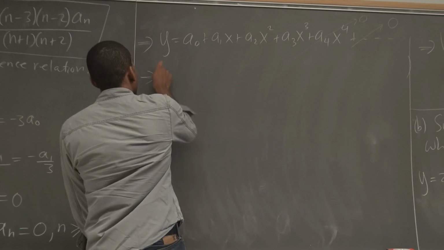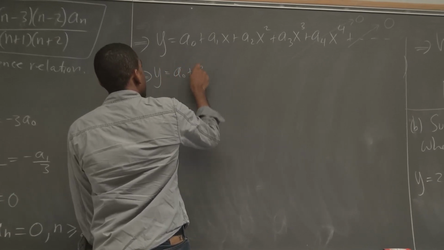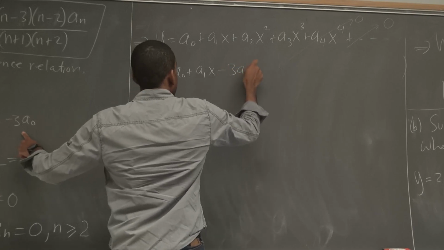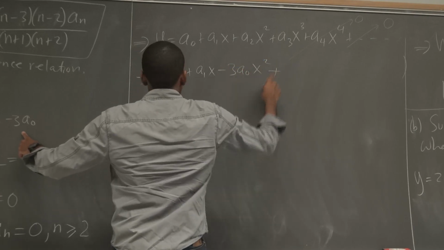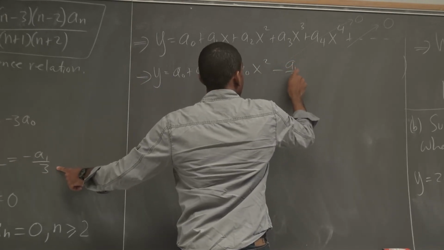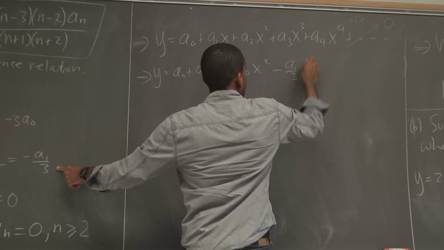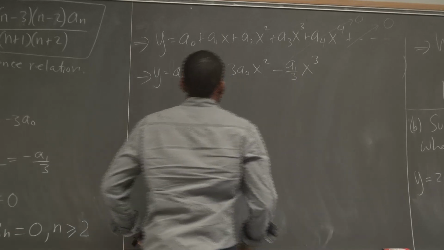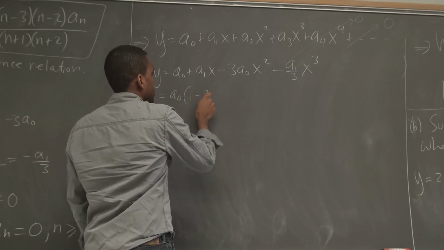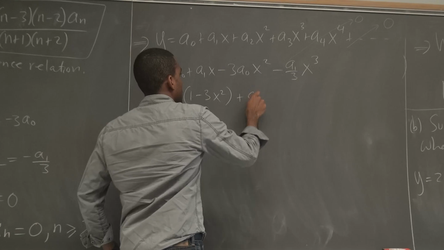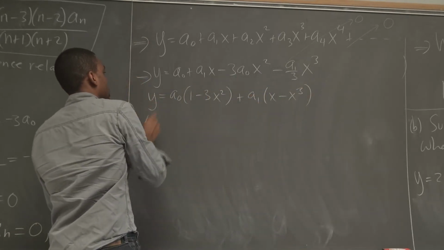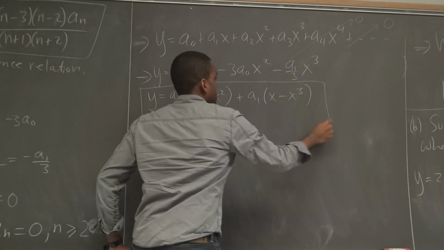This gives us y is equal to a0 plus a1x, a2 was minus 3a0, a3 was minus a1 over 3.